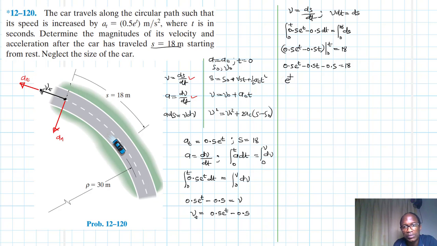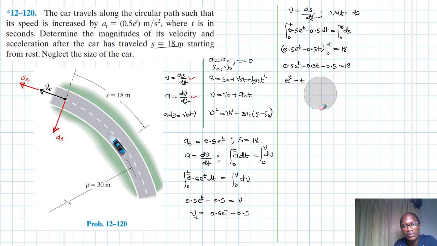Factoring this out, it becomes e to the t minus t equal to 18 divided by 0.5 plus 1.